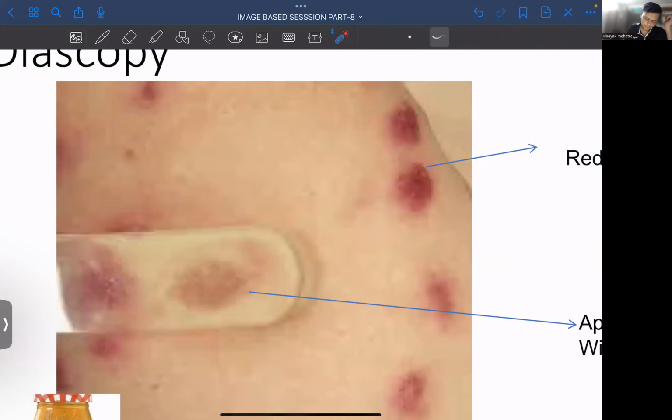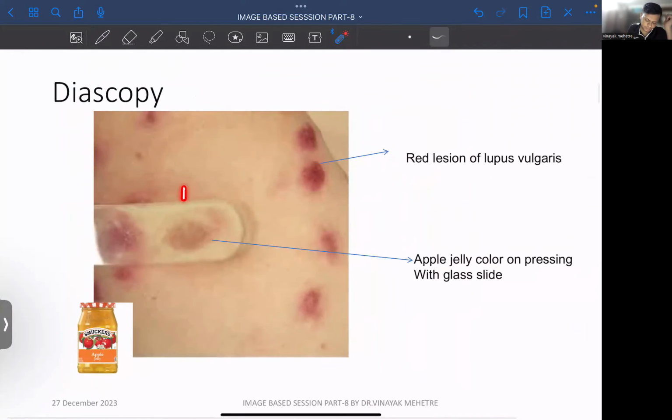On pressing, if it becomes brown, it is called apple jelly color. Where will we use this? Lupus vulgaris. Whenever they write diascopy, remember most of the time the answer is going to be lupus vulgaris. We will discuss the disease, just understand the basics first.